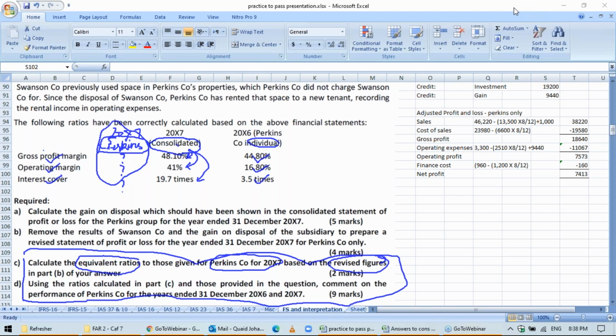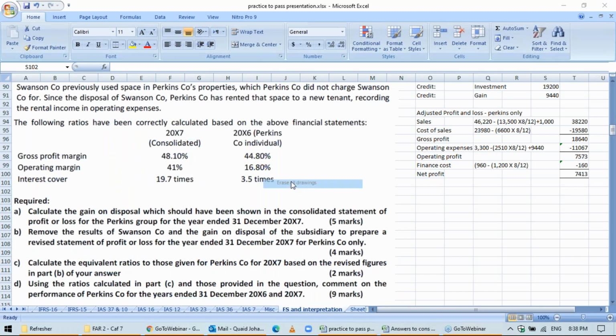So gross profit margin, net operating profit margin, and the interest cover. These three are required. So gross profit margin will be 18,640 divided by the sales.